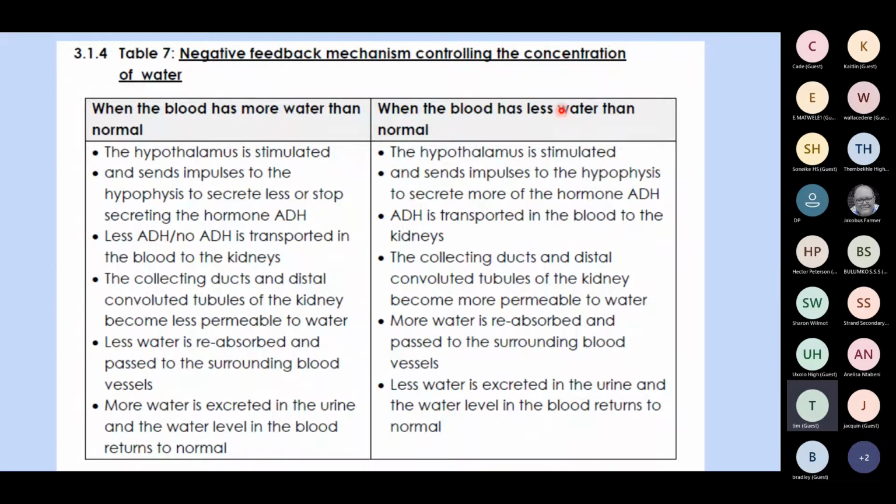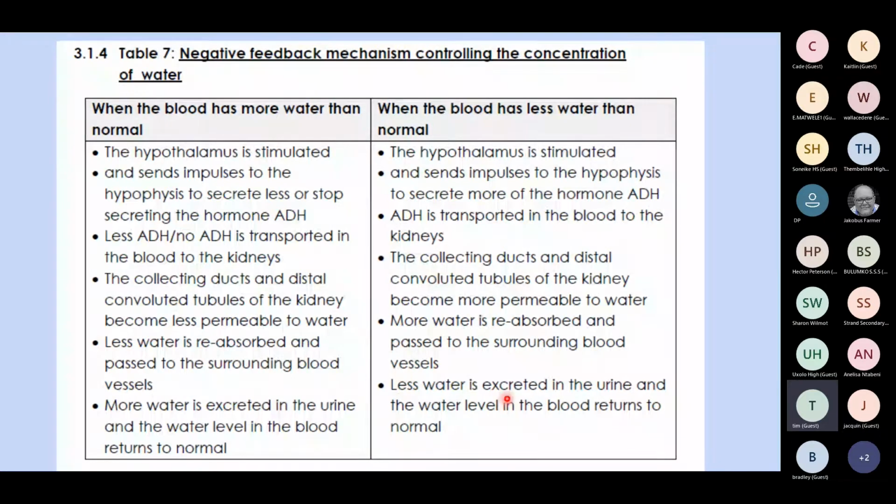Tubules are more permeable, which makes more water be reabsorbed into the bloodstream. That means less water will be excreted in the urine, and the water level will then go back to normal. Now you must be able to deal with these descriptions, grade 12s, and practice.